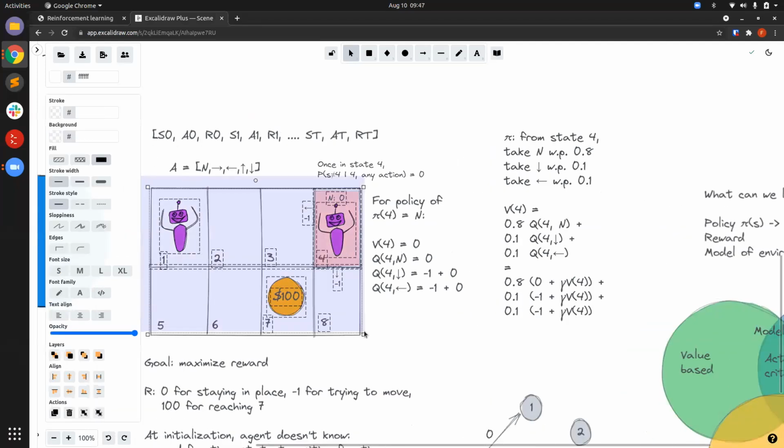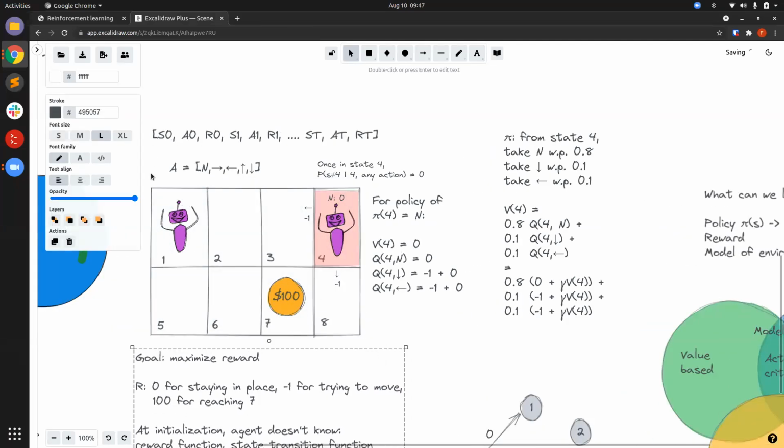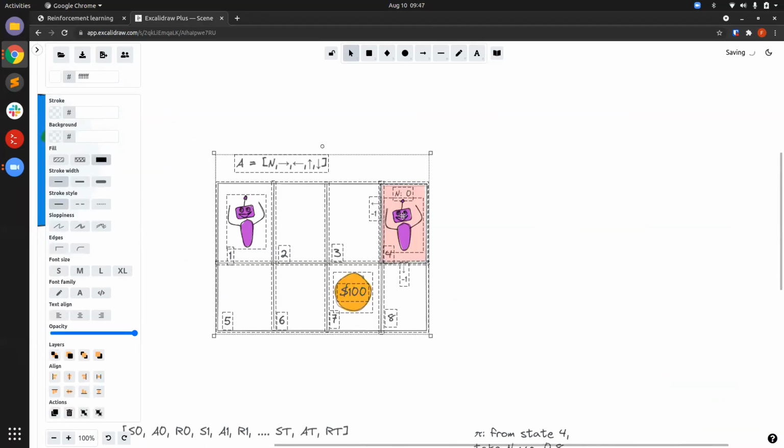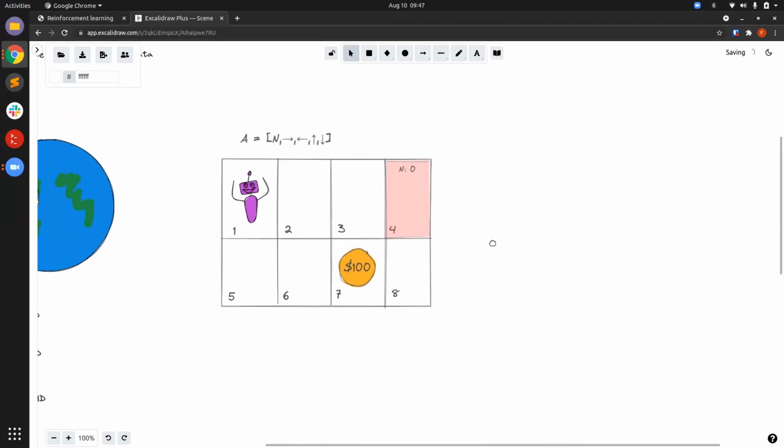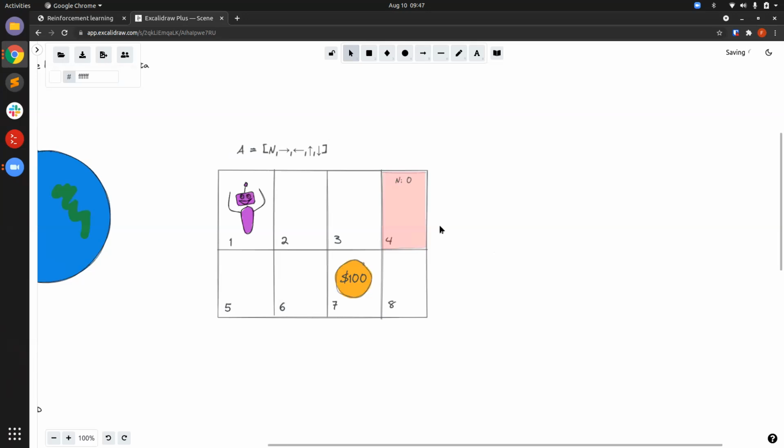So let's say we have this game. And suppose we try to play it using a greedy policy where we didn't care about future rewards. What would be the optimal policy if our discount factor was 0, meaning we only cared about current rewards?